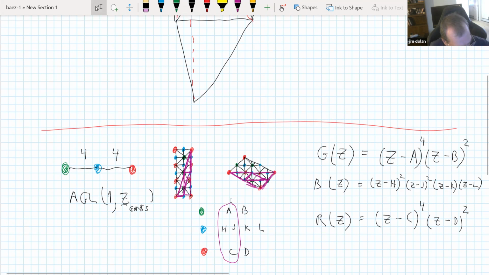So those are the 2 torsion points, and the other ones are the ones that are not 2 torsion points. I guess they're all like 4 torsion points or something like that. Maybe there's 6 torsion points or something like that.